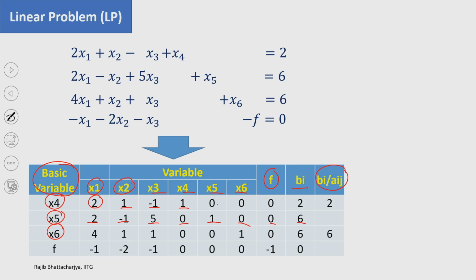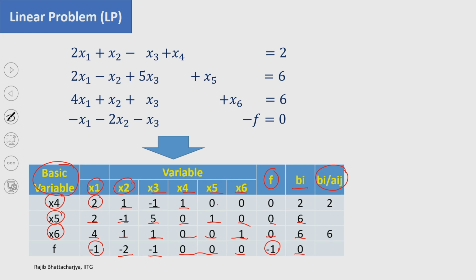The third equation: 4, then 1, 0 0 1, 0 and 6. In the objective function, the coefficient of x 1 is minus 1, this is minus 2, minus 1, 0 0 0, and this is f, which is minus 1, and this is 0.